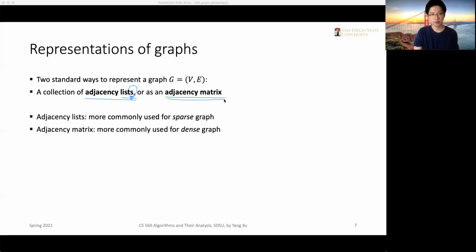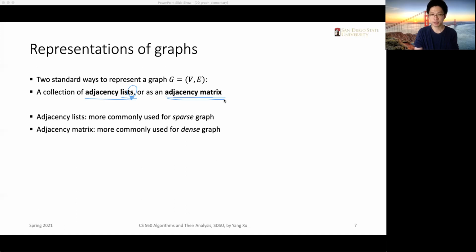Okay, so they are suitable for different types of graphs. If you have a sparse graph, that is, you have many vertices relative to a small number of edges, then the adjacency list would be more efficient.